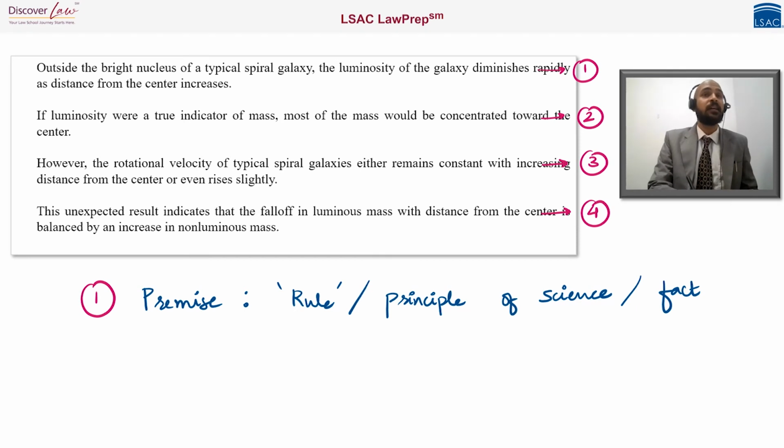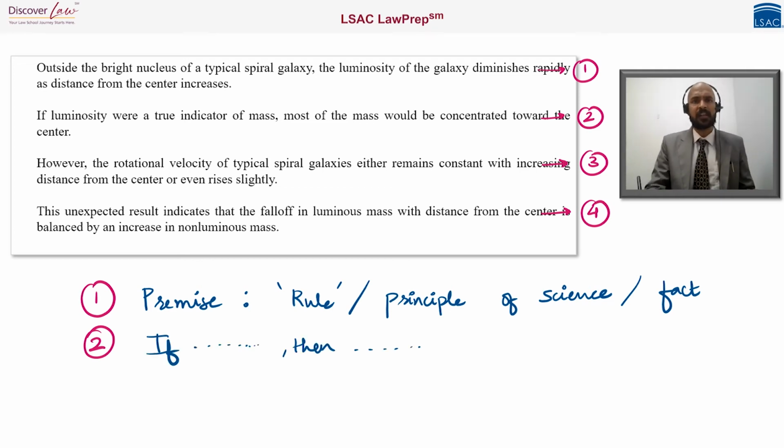It says, if luminosity were a true indicator of mass, most of the mass would be concentrated towards the center. It kind of says that if something, then something. It says something about what would happen if something. Let's look at the third line.